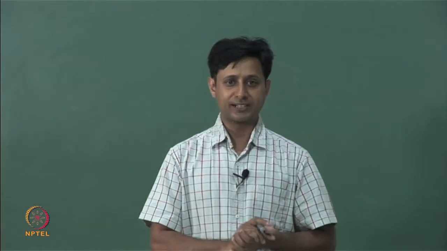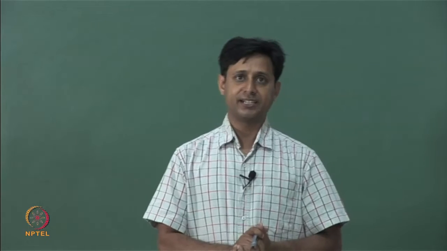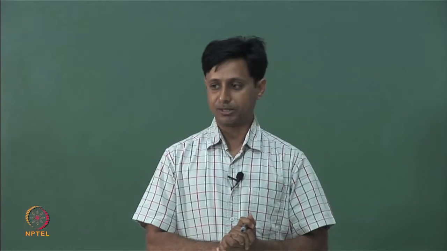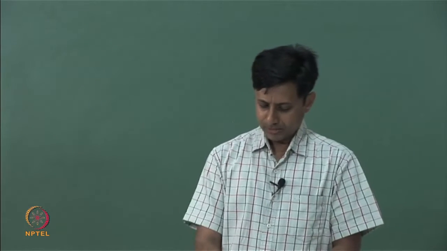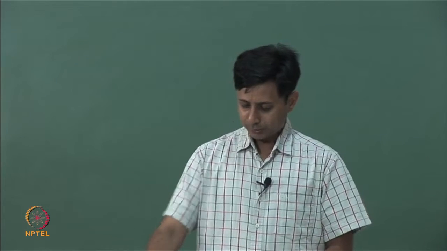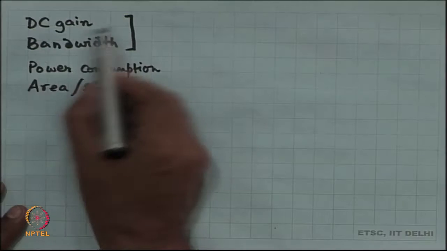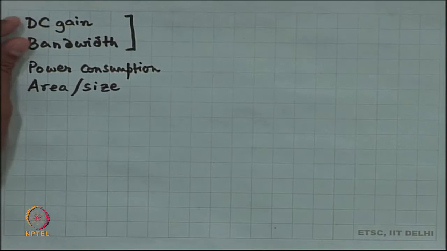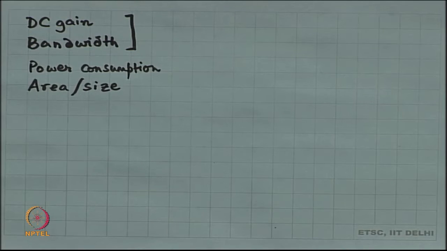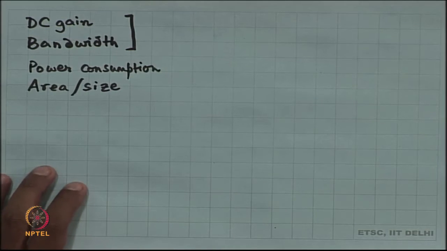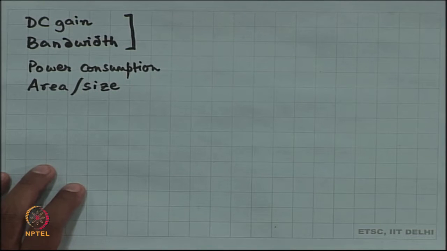So, if you are employed in the industry, then you will find that area is something that people are worried about all the time. Fine. So, we are planning to make our op amp, and there are two important objectives. One is DC gain, the other is bandwidth, and we have a constraint on power consumption.